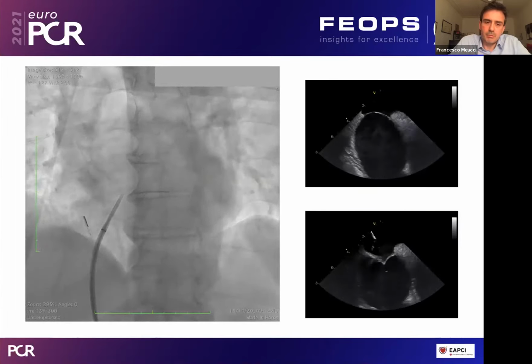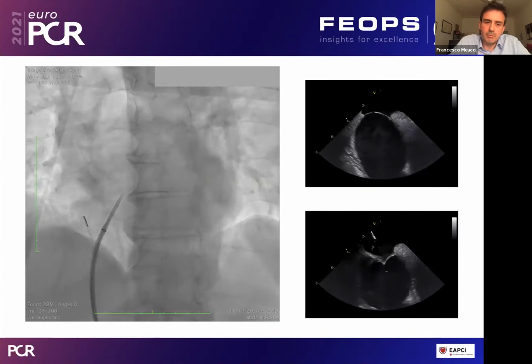And this is the image of this appendage by ICE. You can see that it is an imaging that, in my opinion, is enough to say that there is not a thrombus and to follow the implantation, but I would not trust this image to size again the appendage.